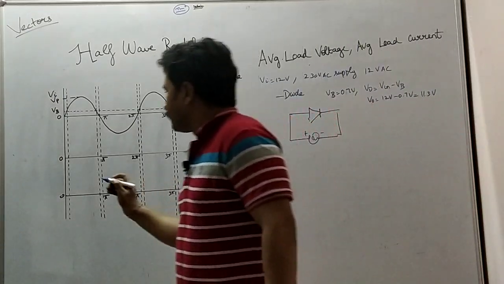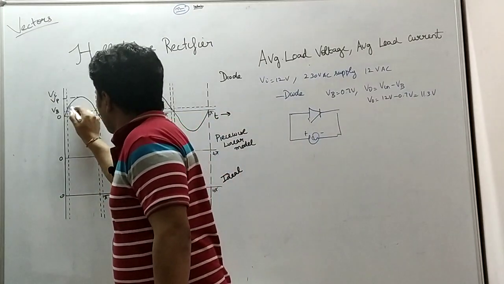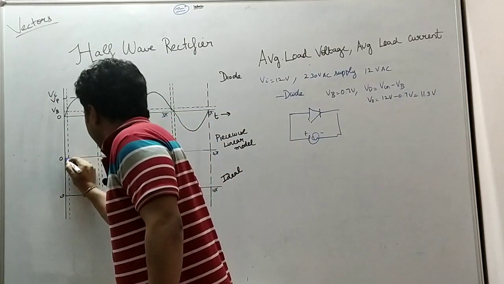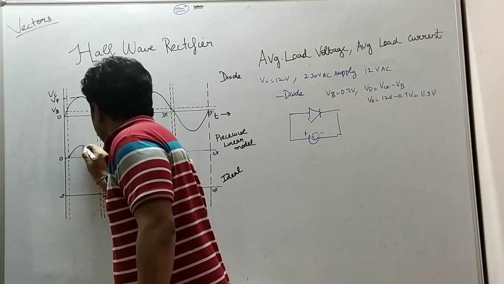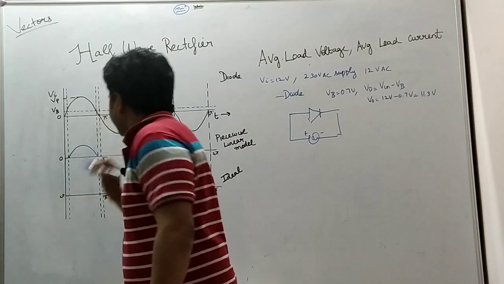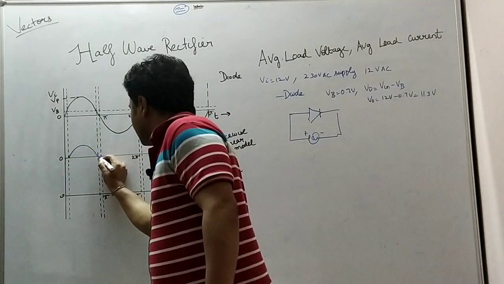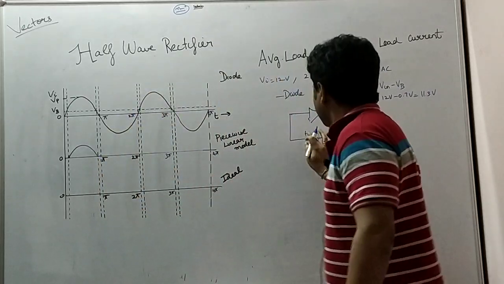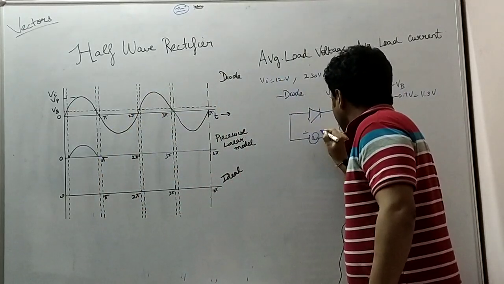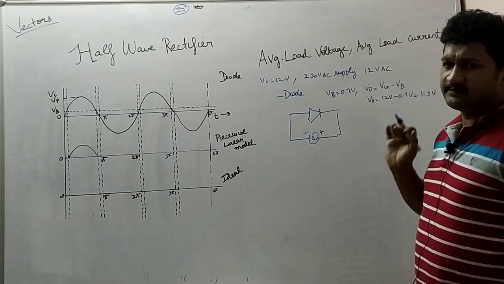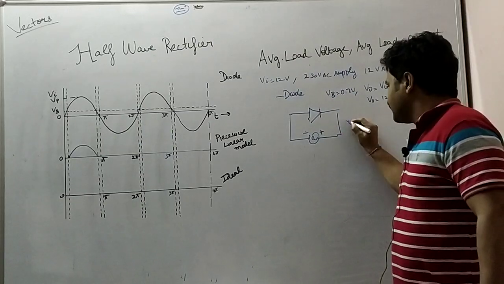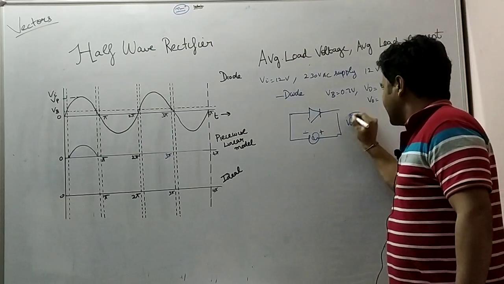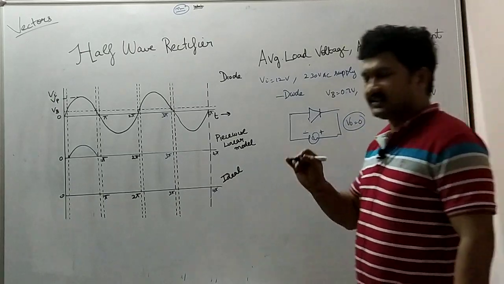It has reduced to 11.3 because of the influence of the barrier potential. Here let's see the waveform. Only this portion gets clipped during the positive half cycle and we get 11.3 volt. During the negative half cycle, the diode gets reverse biased. We know that the diode does not conduct in reverse bias condition. So V0 equal to 0.